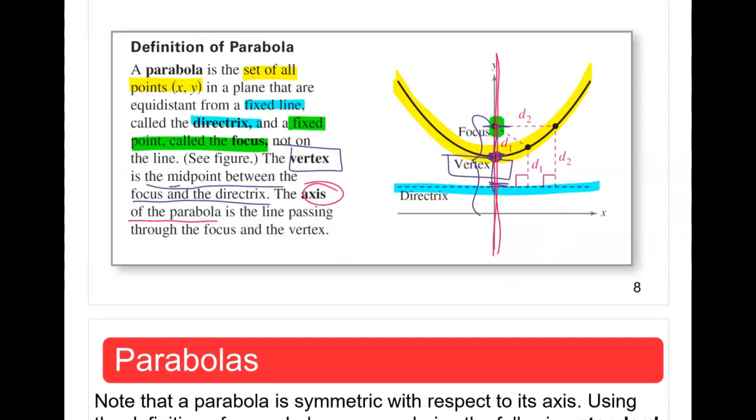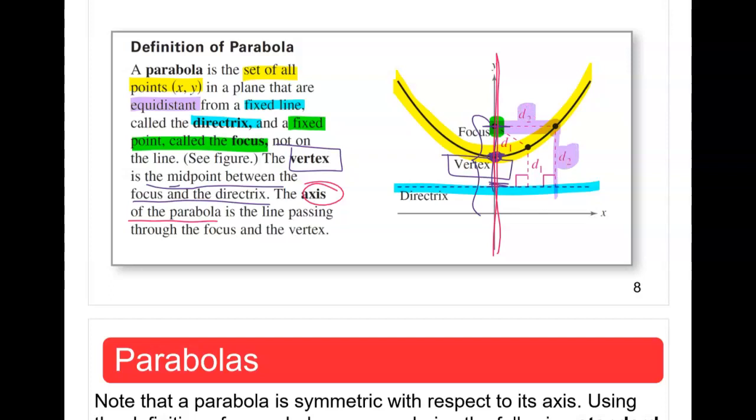Also, just so you know how it is determined that the points are equidistant, any point on the graph, such as that one, for example, has the same distance from the graph to the directrix, and from that point on the graph to the focus. Those two are the same. That's why they're both called D2.